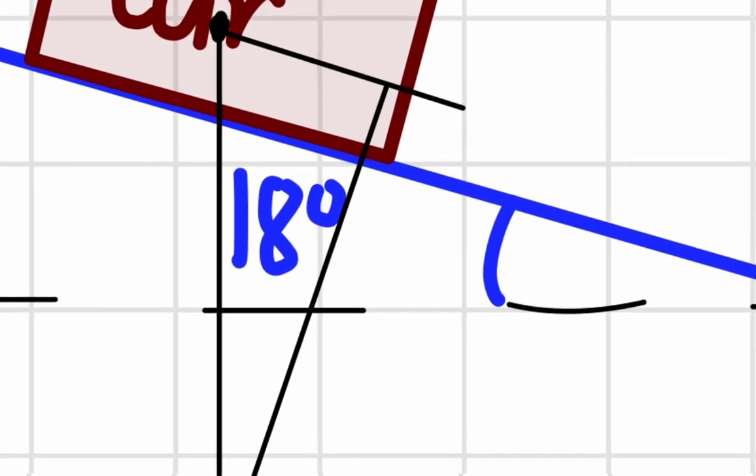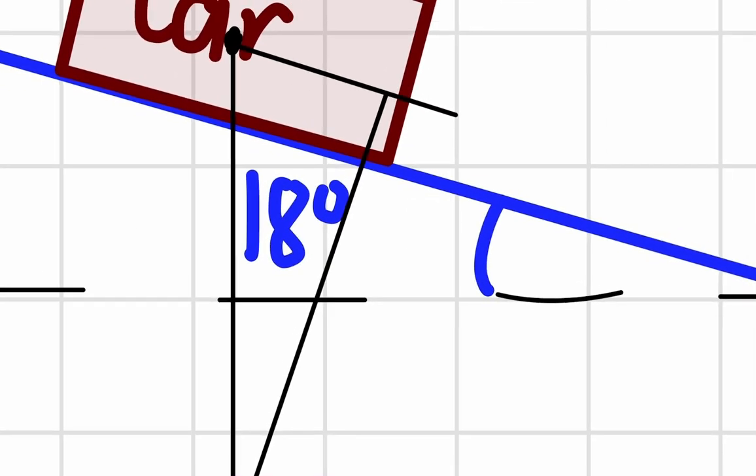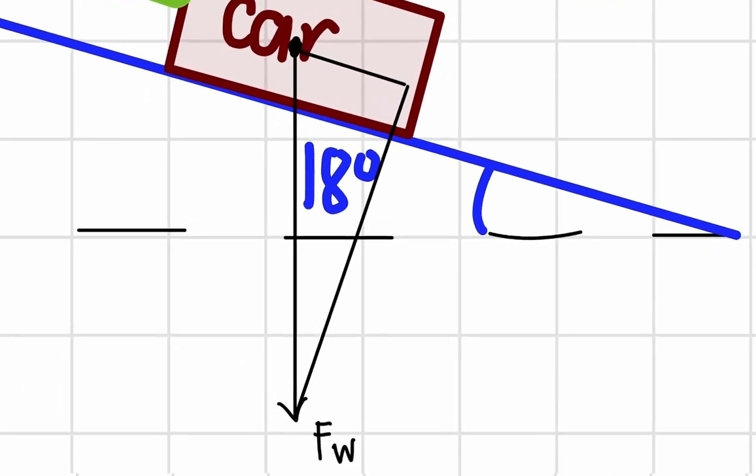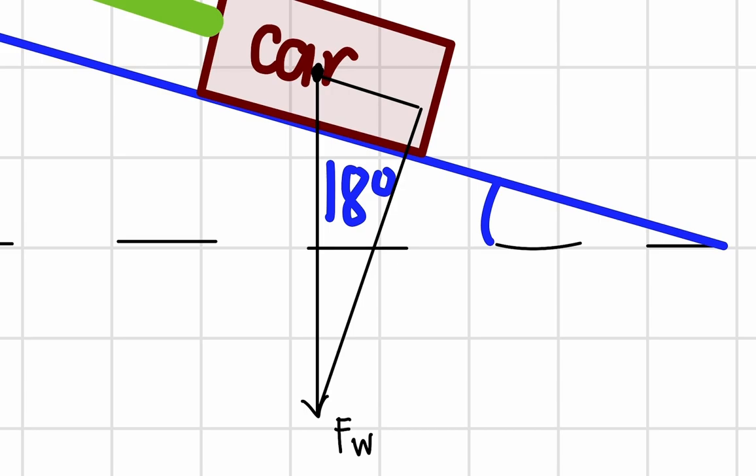Okay, let's make it like that. These are actually two components of this vector.